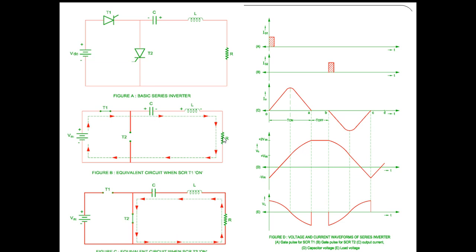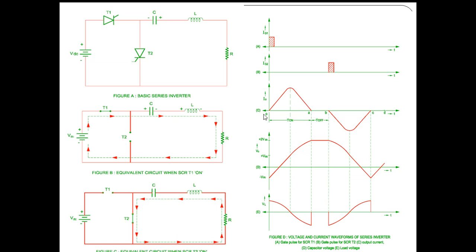These RLC components are chosen such that they form an underdamped circuit. In an underdamped circuit, we get a current waveform like this, reaching 0 automatically at point A. At point A, the current flowing through thyristor T1 automatically becomes 0.